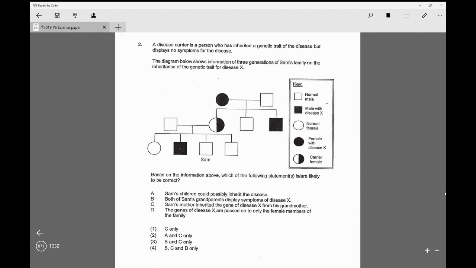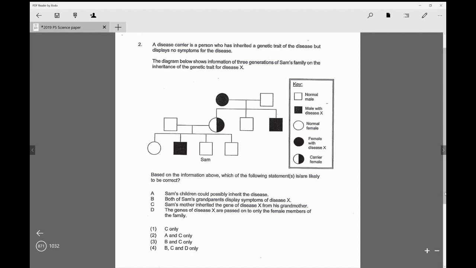So you have a disease carrier. He has a genetic trait, which means this gene has a disease. If you receive this gene, you also have this disease. However, there's a difference.